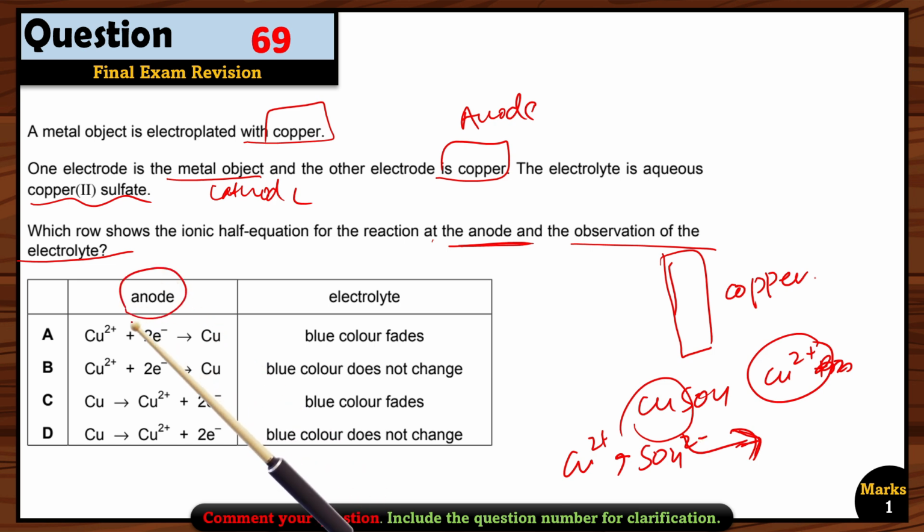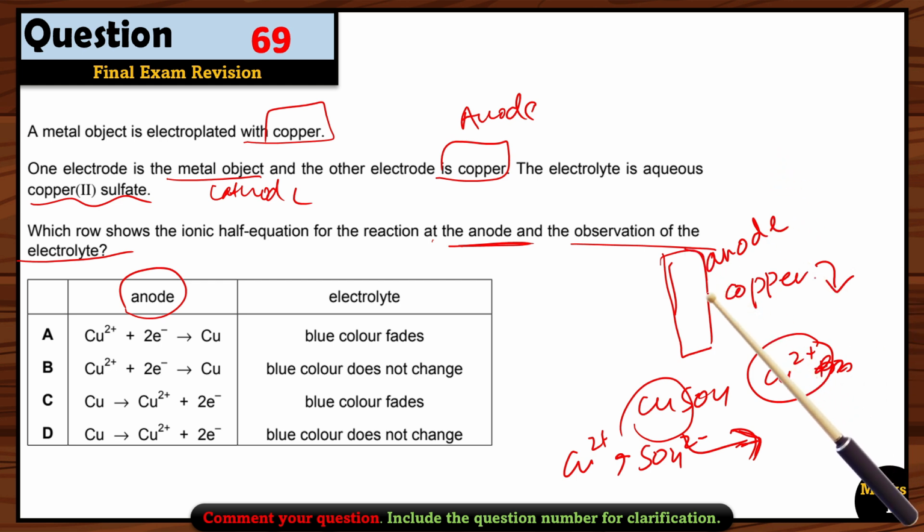We already know the copper, of course, it will start oxidizing itself, because this anode will start oxidizing itself and it will change into ions. So what is happening at the anode actually? The anode is made up of copper metal, right? So copper metal will start changing into copper ions, right?